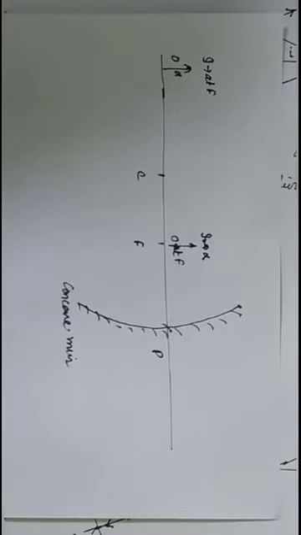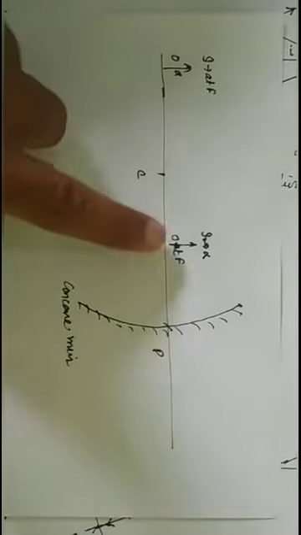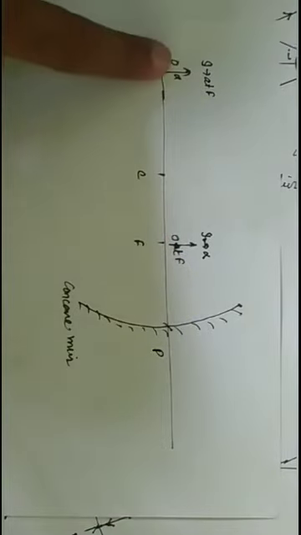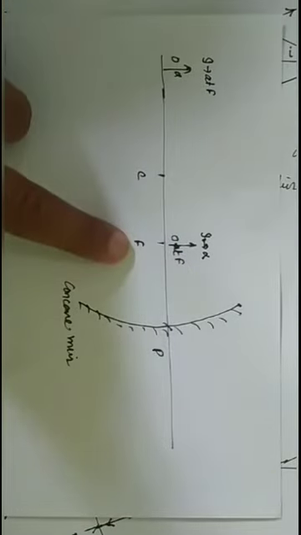So from here you can see that if you rewind the video, you will find that when your object is at focus, your image is at infinity. If your object is at infinity, your image is at focus.